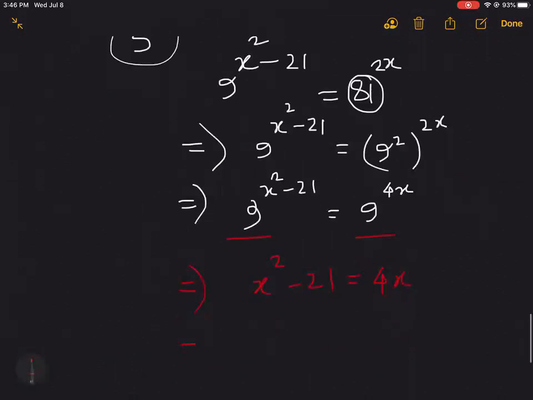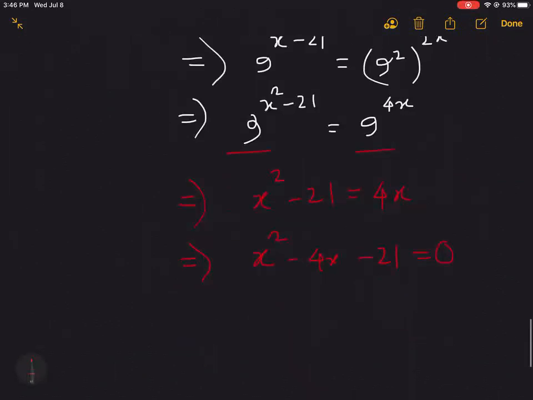And now if we solve it, x squared minus 4x minus 21 equals 0, we can factorize it to get our answer. So we need the sum of negative 4 and the product of negative 21. So which two numbers give you the sum of negative 4 and the product of negative 21? If you can figure that out, the problem is done and dusted.